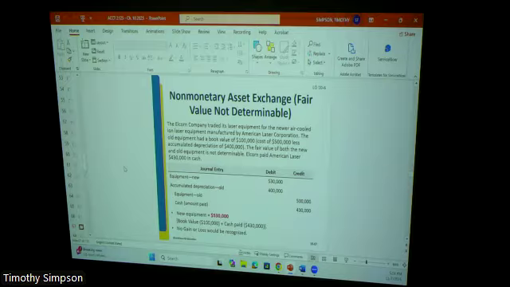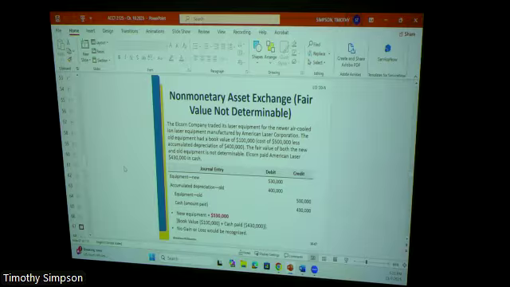Now, is that a common scenario? I don't really know that it's all that common that we wouldn't know what something is worth, but I will say there are assets that are really difficult to value, and I think I mentioned this in a previous video, that we certainly saw this during the financial crisis, where there were assets that were just really difficult to value, and so it became really hard to put a number on.